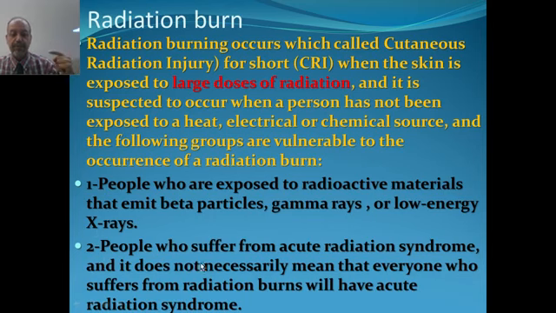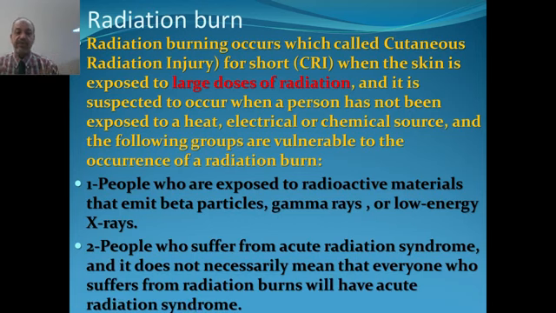Number two, people who suffer from acute radiation syndrome, which comes from a long time of doses of radiation. These are many diseases connected to each other, and it does not necessarily mean that everyone who suffers from radiation burn will have acute radiation syndrome.